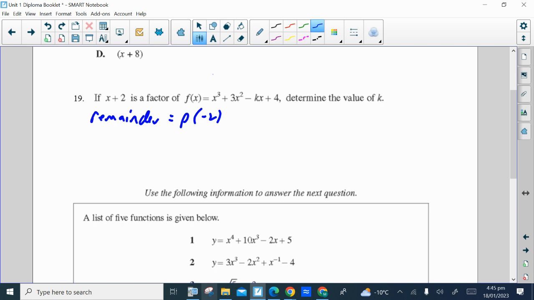In general, we learned that if x minus a is a factor, p of a will equal 0. So the value of a is always the opposite of what it appears to be because you're always comparing it to x minus a. In order to get x plus 2, you'd have to punch in a negative 2 for a. And then the minus minus would become x plus 2. So when x is negative 2, this whole equation will equal 0.